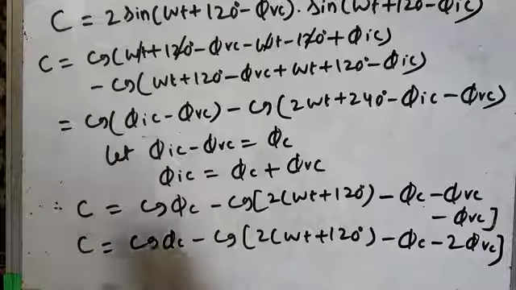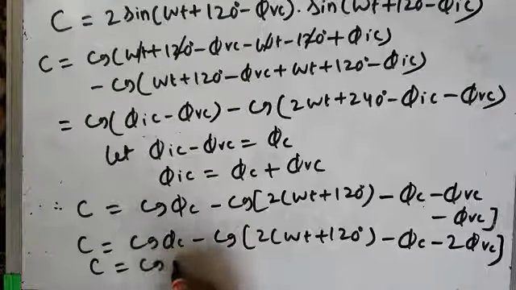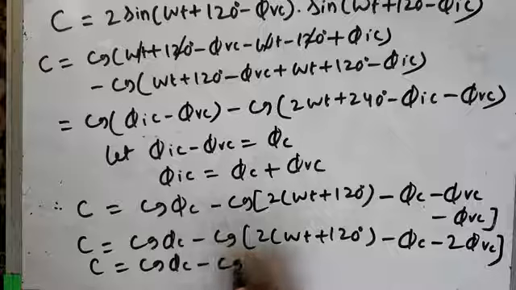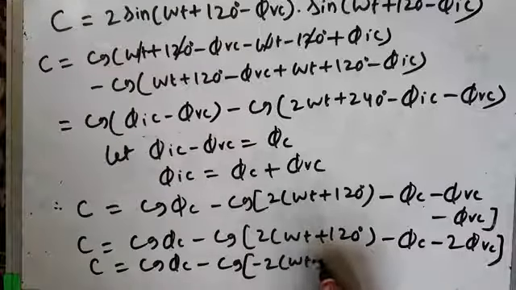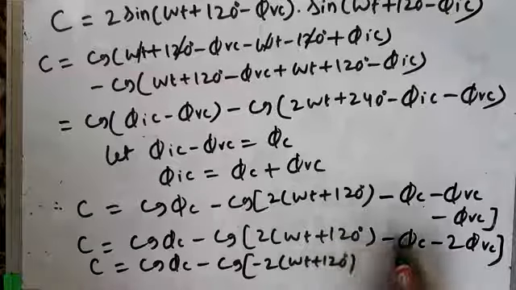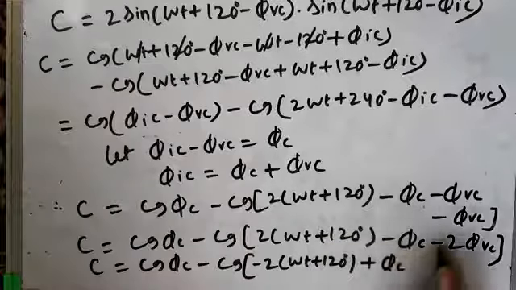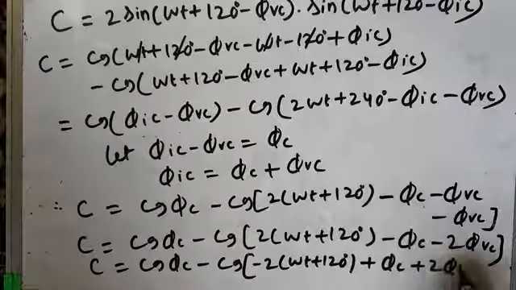Okay, so c is equal to cos of phi c minus cos. Let me change the signs. This is minus times 2 omega t plus 120 degrees. This minus will become plus phi c, and this will also become plus 2 phi vc.